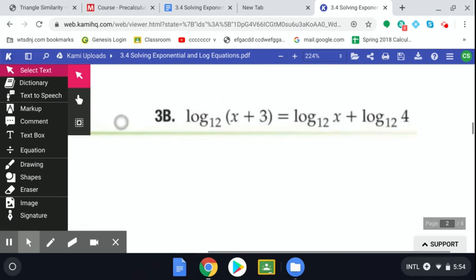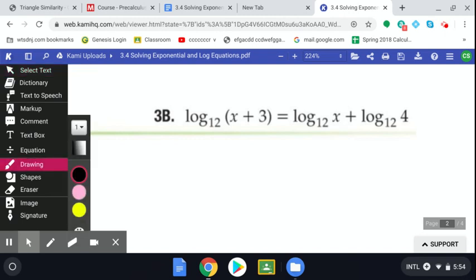And then for this one, and then we stop for today. The only thing you need to remember here that is very, very important is that if you have two logs like this, you need to condense first. So condense first. Okay?